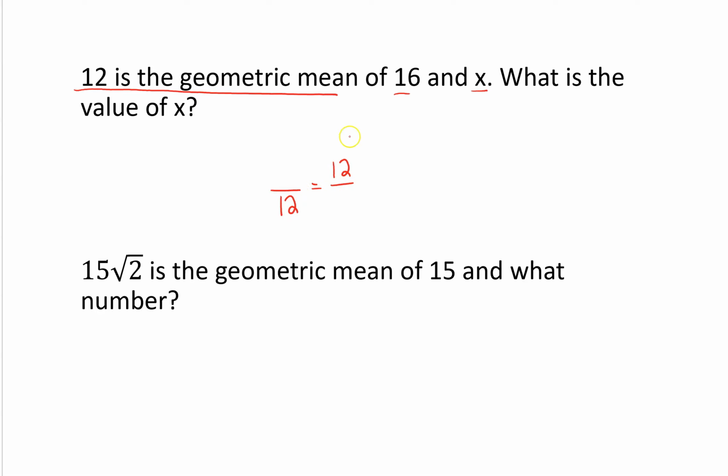They're always going to be across from each other. So the geometric mean you're always going to have twice. And then the other two numbers that you're finding the average of go in the other two places.